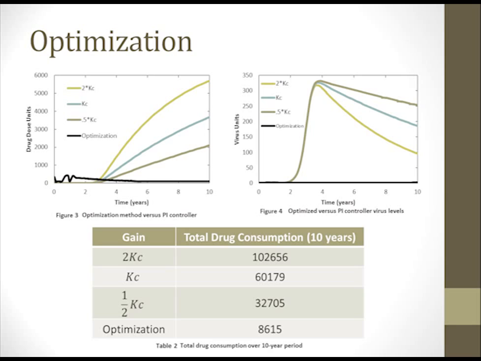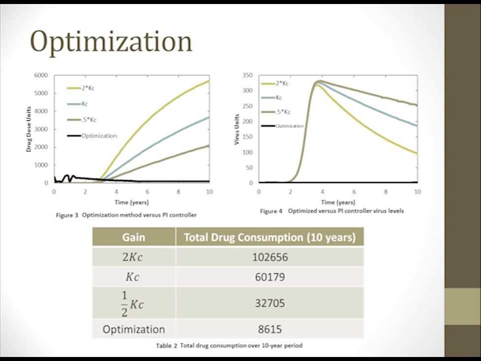Subject to the constraints that we imposed, you can see that there's an initial dosage of drug even before the virus really starts propagating. So it anticipates the big spike that is coming, and it effectively counter-doses it even before it happens. So we're able to keep the drug dosage low over the 10-year span.